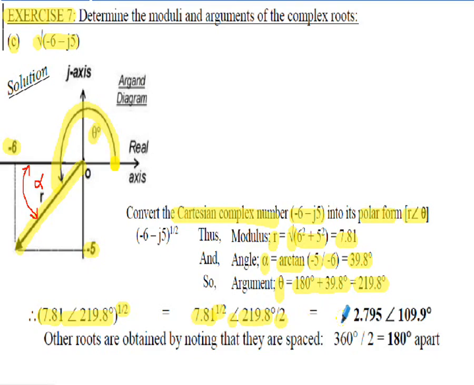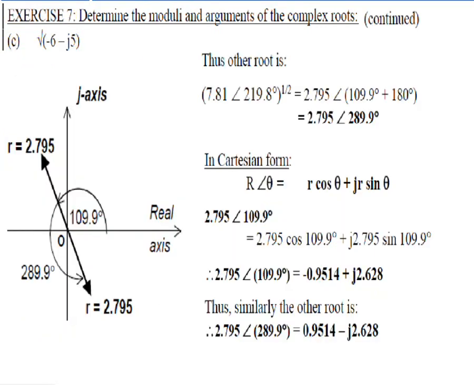So 7.81 square rooted is 2.795, and the argument is 219.8 divided by 2, so that's 109.9 degrees. We can calculate all the other roots simply by noting they are equally spaced by the angle of 360 degrees divided by 2 in this case, because we're looking at square roots, so they're 180 degrees apart on the Argand diagram.